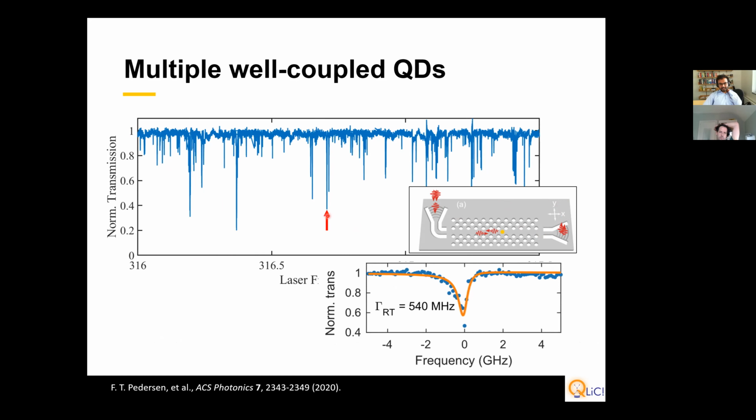For instance, if I highlight this particular line here and zoom in, you would see this particular one, which has a dip going down to about 60% deep, or down to 40% transmission. And then this one can also be zoomed in, and you would see a different depth and width, because quantum dots tend to be very inhomogeneous in their properties.